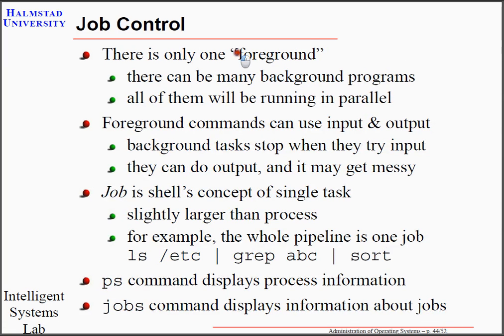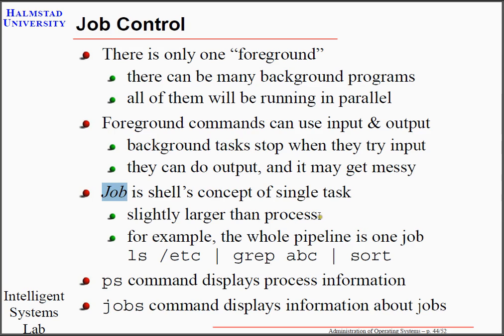In general, there is only one foreground, so you cannot have multiple processes running in foreground. But what foreground allows you to do is to use input and output. If you have a task in background, it will stop if it tries to get input from the user. From the shell's perspective, a job is a single task, and in general it's a little bit more than a single process.